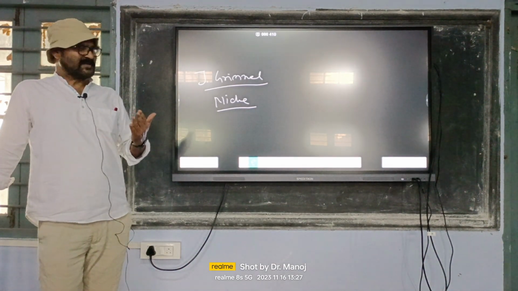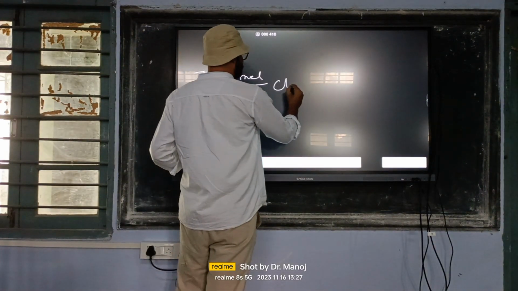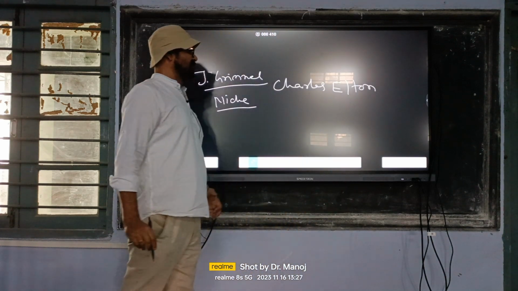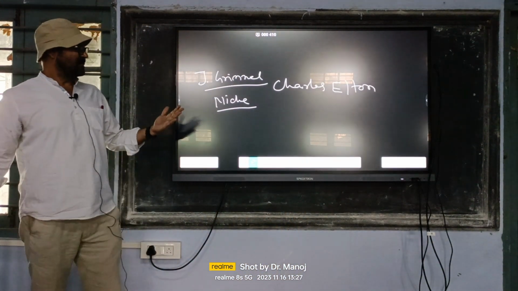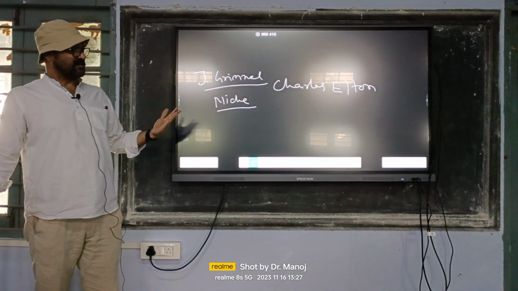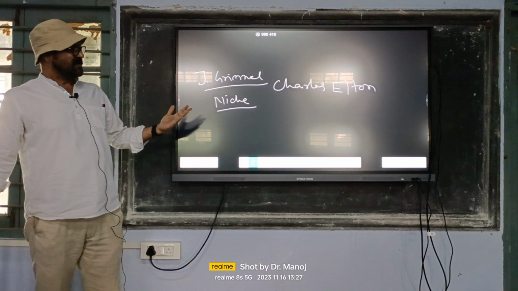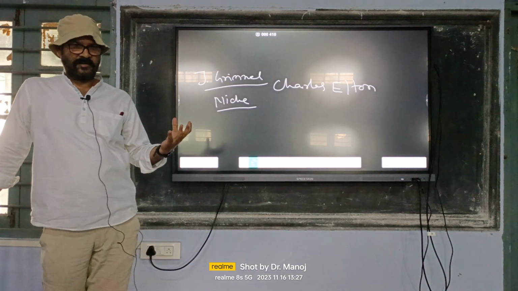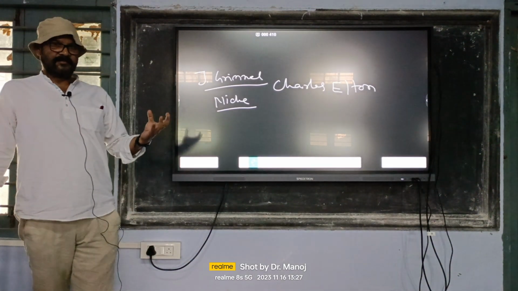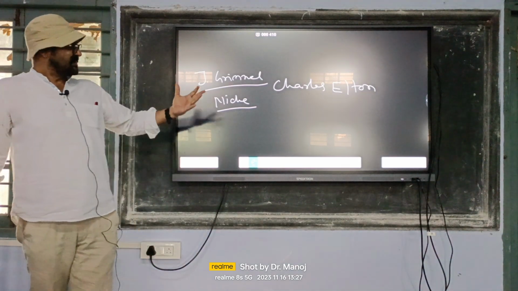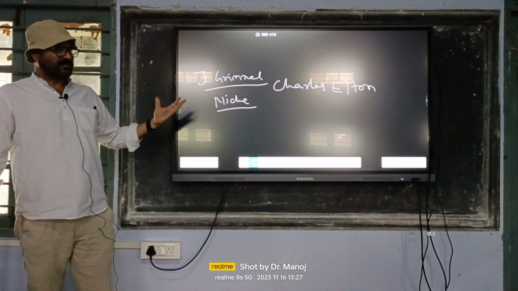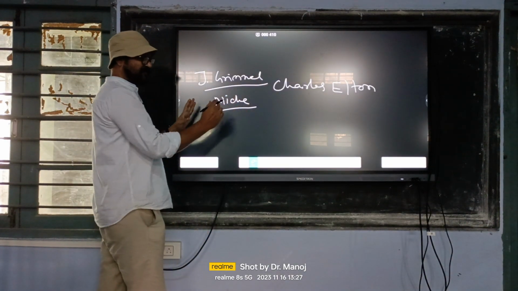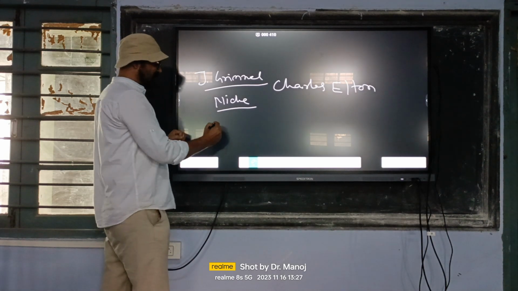Therefore, it was Charles Elton who gave another concept, what we call the trophic niche. In trophic niche, the organisms are positioned in accordance to their food habit. In spatial niche, they occupy a small region of a general habitat. A very good example of spatial niche was given by O'Neill. I'll come to the trophic niche later on. Let me explain the spatial niche with an example.